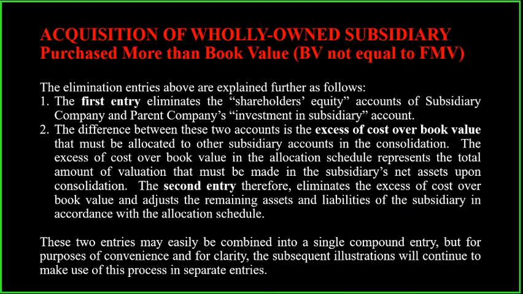The elimination entries above are explained further as follows. The first entry, na-discuss ko na to, eliminates the shareholders' equity. And then the difference will go to the difference. The difference of the book value and fair market value. The remaining amount now will go to your goodwill.